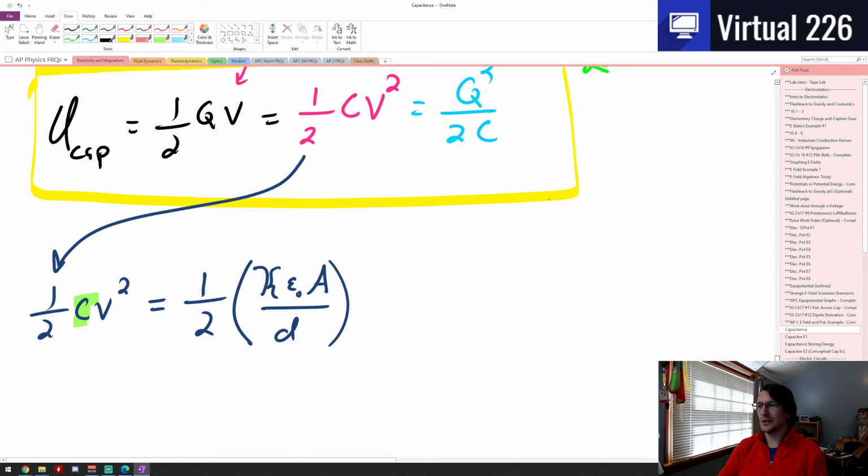Well, I know that a voltage is given to us by an electric field through some sort of distance, and normally we write this as r, but we could write it as d if we wanted to. So this would be like saying (Ed) squared.